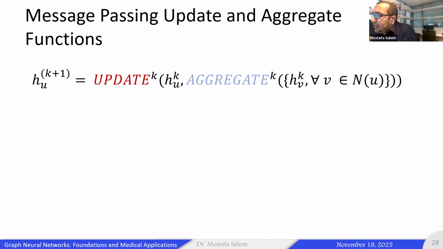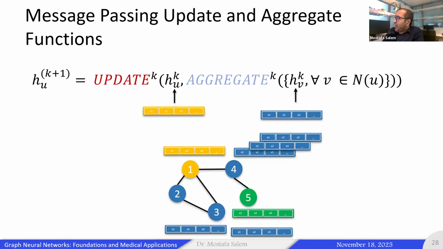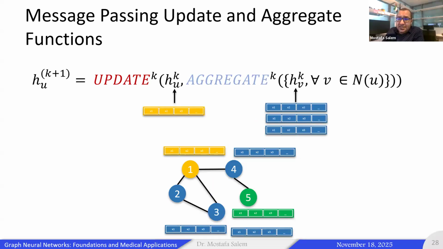So how do we do the message passing and the aggregation in a mathematical way? Now h_u^(k) is the embedding of node number 1. I will do this for node number 1. So h_u^(k) is the embedding of the yellow node number 1 at layer k, and h_v^(k) are the embeddings of its direct neighbors.